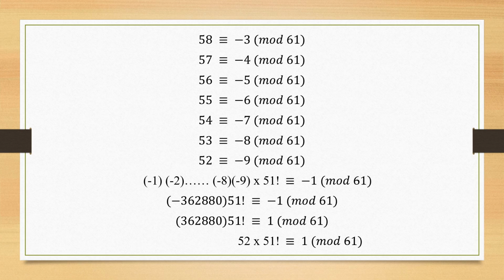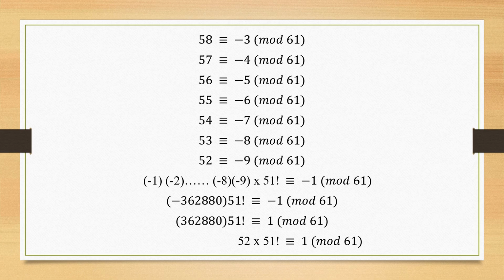You know the remainder for 60 was minus 1, for 59 was minus 2, for 58 is minus 3, and then minus 4, minus 5 and so on till minus 9 for 52.